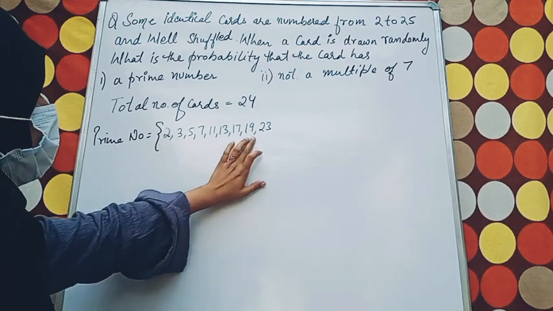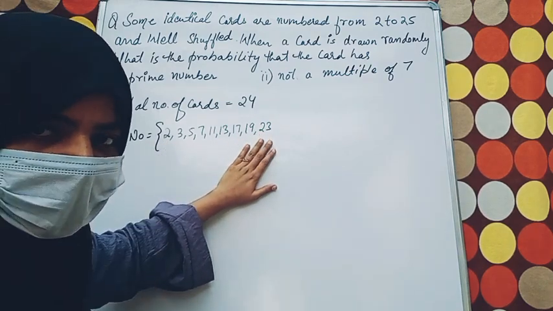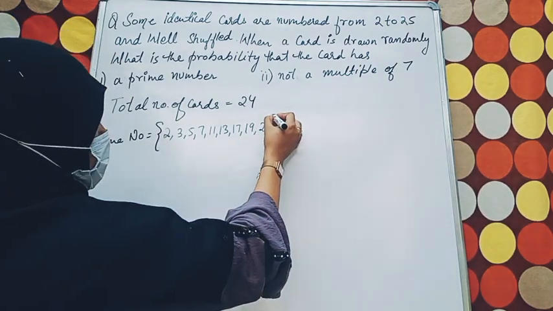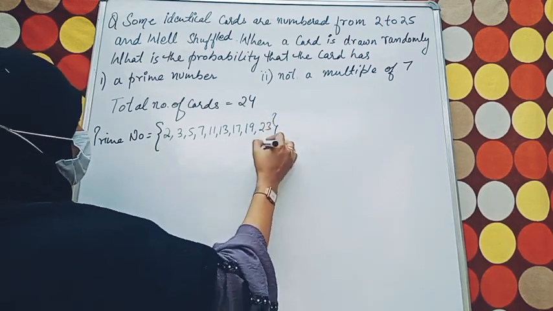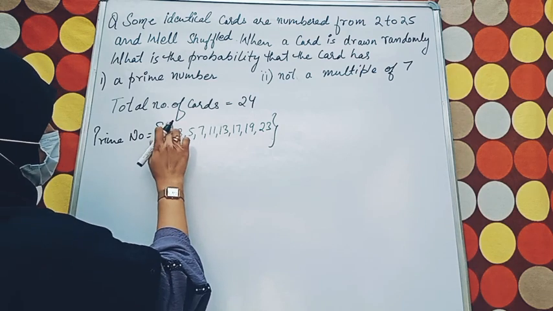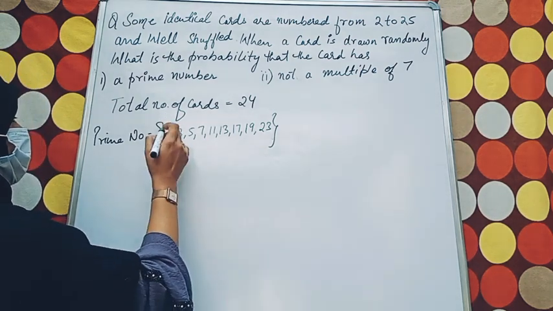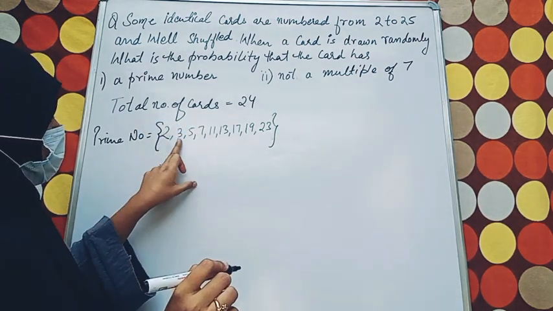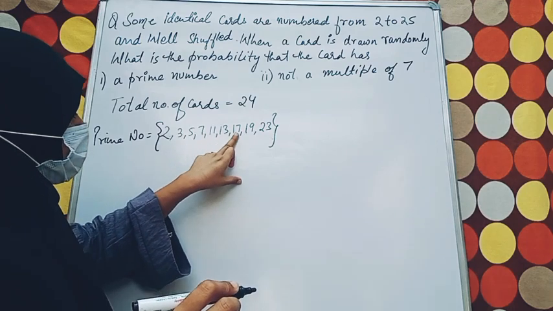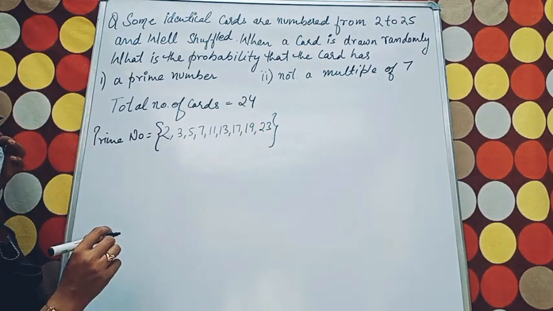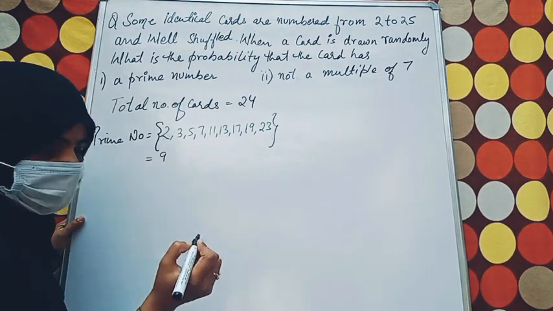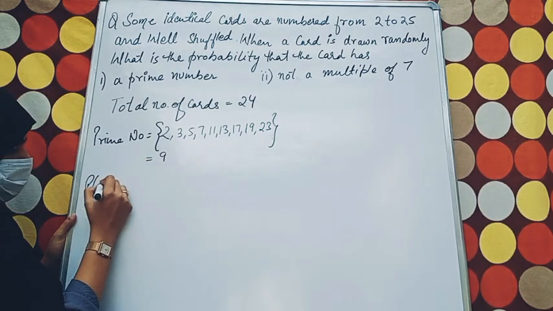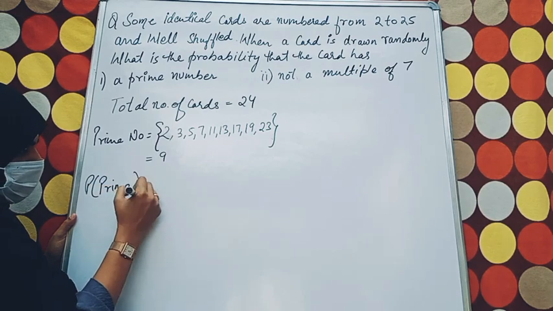All these prime numbers are divisible by their own selves or 1, not other than that. So let's see how many are formed. 1, 2, 3, 4, 5, 6, 7, 8, 9. Total is 9.